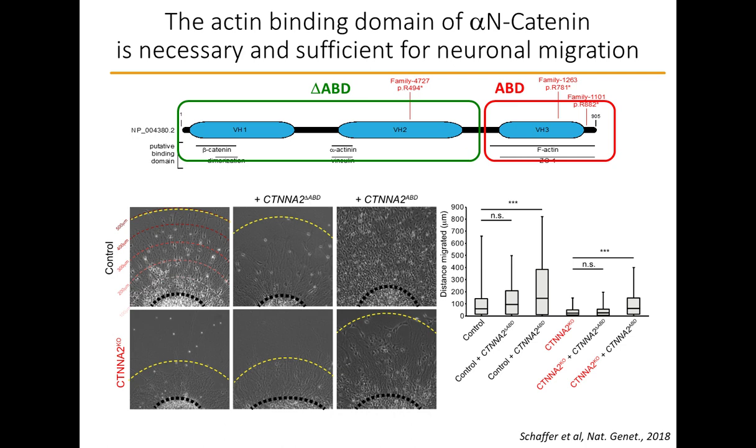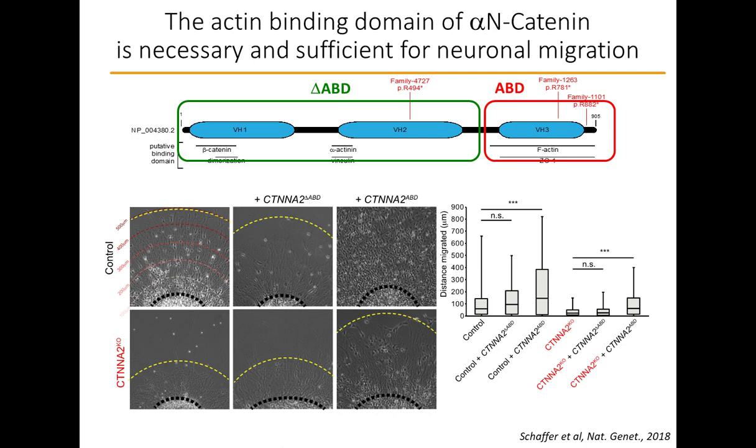The first is alpha-N-catenin lacking the actin binding domain, which is circled in green. The second construct is just the actin binding domain of alpha-N-catenin, which is circled in red. We transduced the NPCs and performed the neurosphere assay in control and alpha-catenin knockout cells to measure migration.